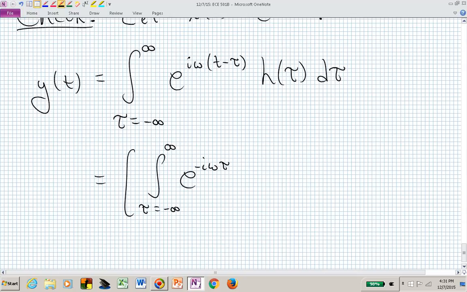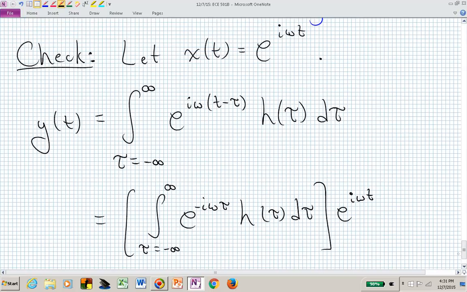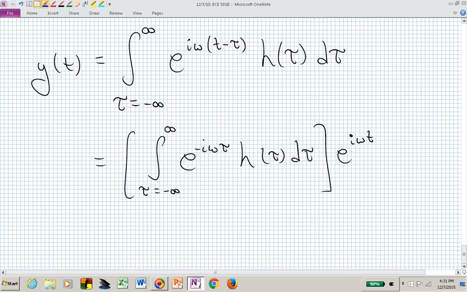We have e to the minus I omega tau, h of tau d tau, but that now can be multiplied by this second piece, e to the I omega t. But what was e to the I omega t? That was x. That was our input. And what's in square brackets? So this is actually this piece right here.